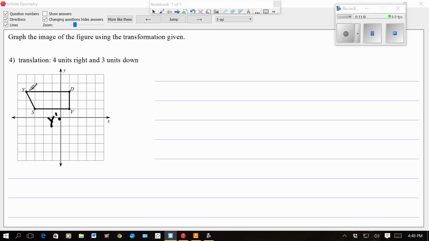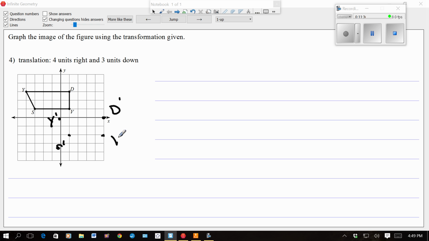You have to make sure you move it, and after you move it, name it with the prime. D: 4 units to the right and 3 down. This is going to be D prime. Same with S: 1, 2, 3, 4, and 1, 2, 3 down. So S prime. Then V: 1, 2, 3, 4, and then 1, 2, 3 down.